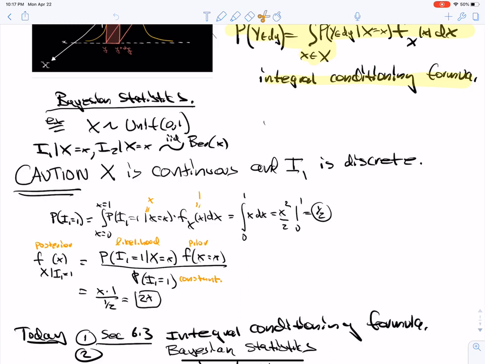So it's obviously x. If you look at what we've done, we get a half. Now the posterior is the likelihood times the prior divided by a constant, the probability that I1 is 1. So this is x times 1 over a half, or 2x.